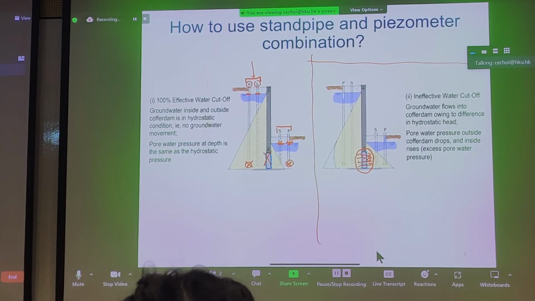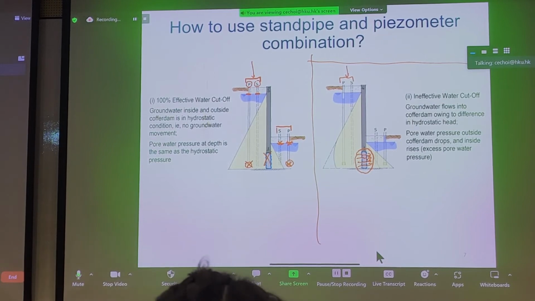What happens from the groundwater perspective? Well, let's take a look at the active side and the passive side. So outside, on the active side, we can see that, like the example on the left that I showed you for 100% hydraulic cutoff, we have a piezometer and the standpipe combination again.